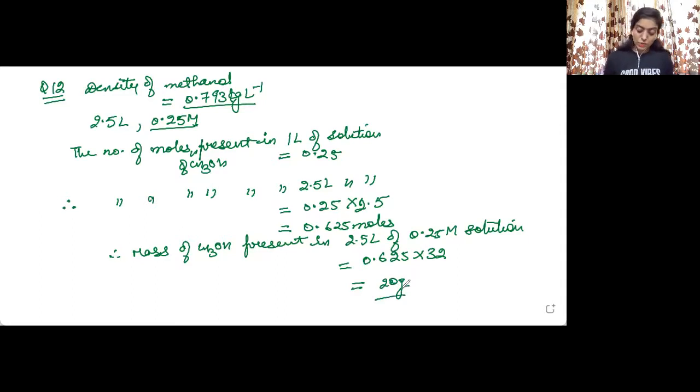Now we need to calculate the volume. We were asked what will be the volume required, so we need to convert this into volume. Density has been given, so from this density we can calculate the volume of this methanol sample needed to prepare the required solution. Density is 0.793 kg per liter.